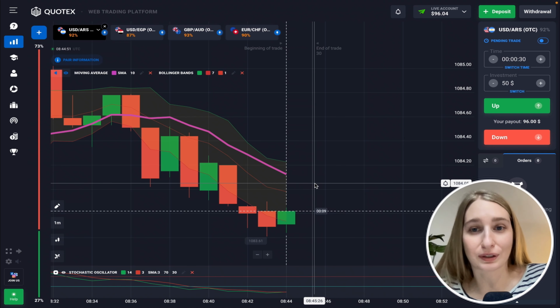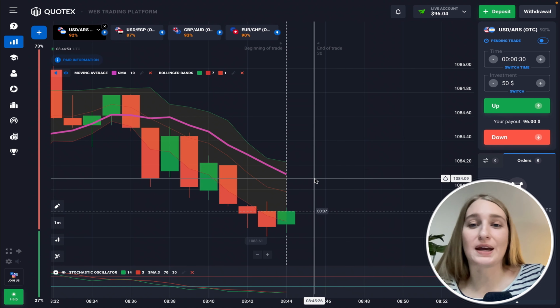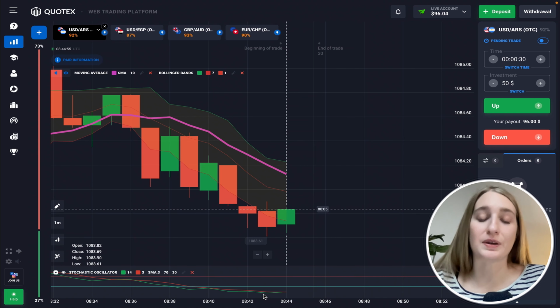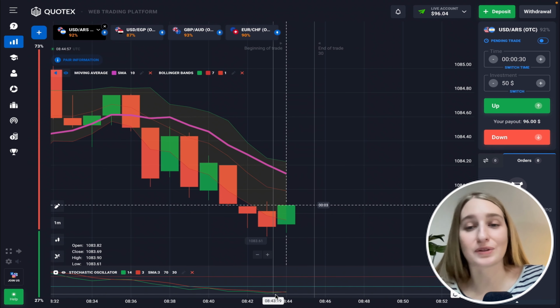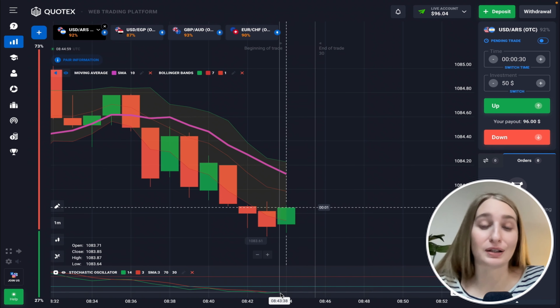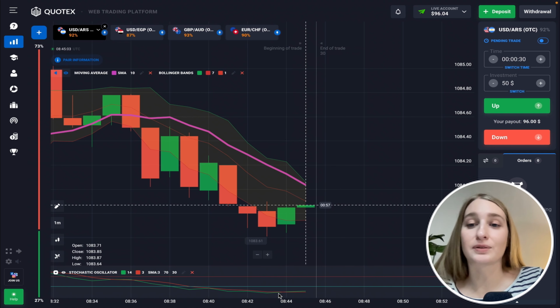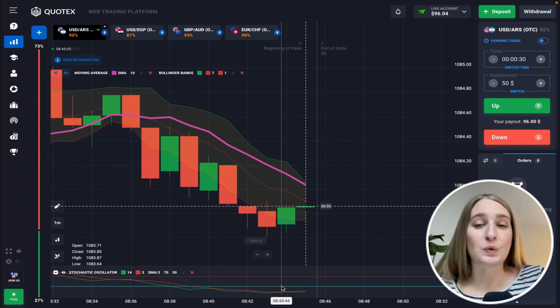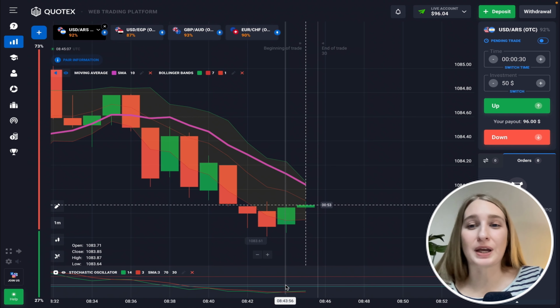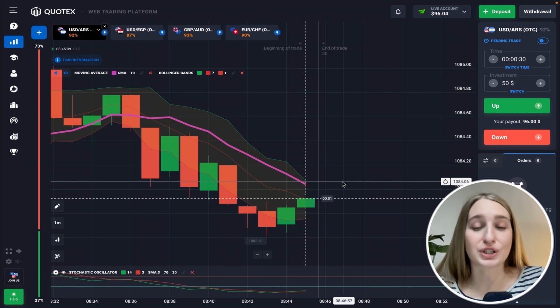So guys, you saw that the stochastic oscillator showed me that the two lines, the green and the red one, are in the overbought area and they are under the level of 30. So really good signal where you can see that the trend is changing.